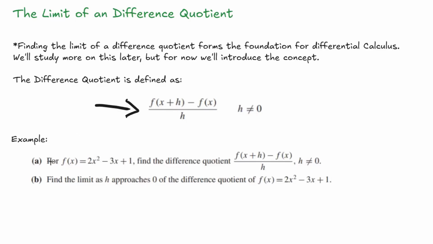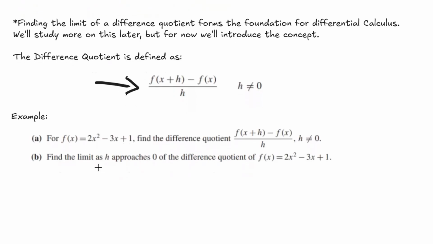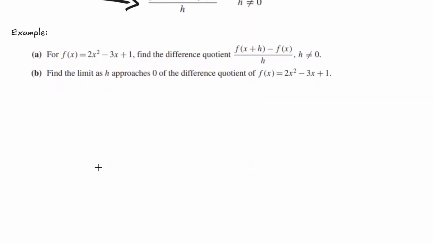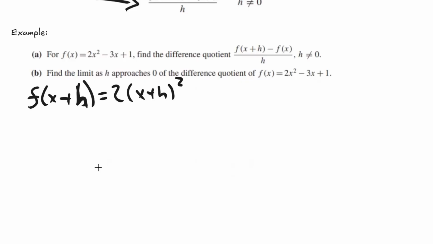So for example, if I want to find the difference quotient for f(x) = 2x squared - 3x + 1, I would start with figuring out first what f(x + h) is. That's just 2 times (x + h) squared - 3 times (x + h) + 1.